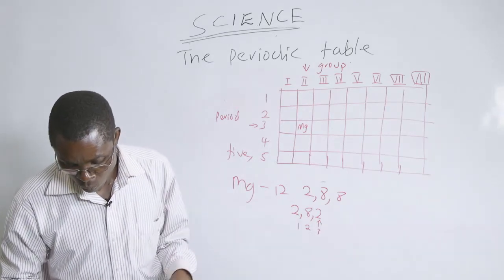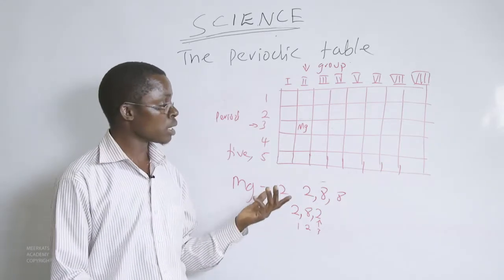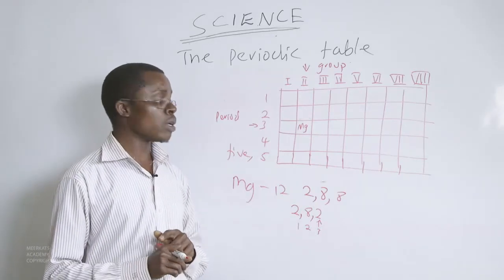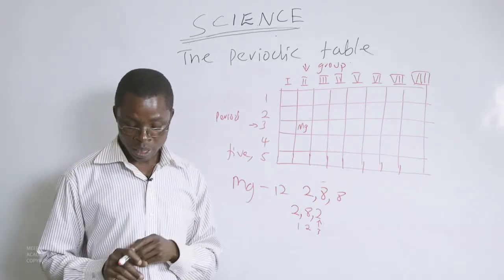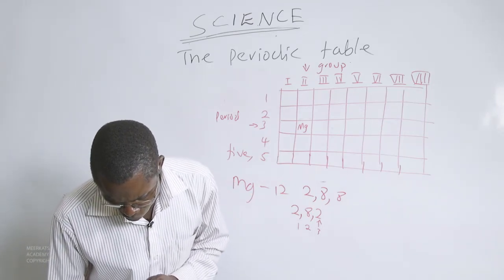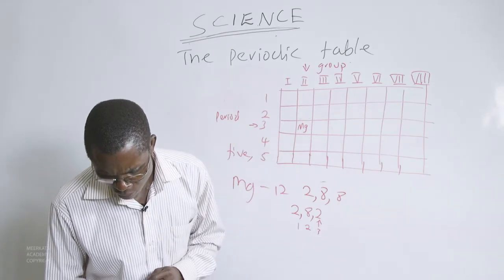Let's look at one element which will give us a direction, then you go and work on the others so that we can continue in our next lesson. Which element has atomic number 15?